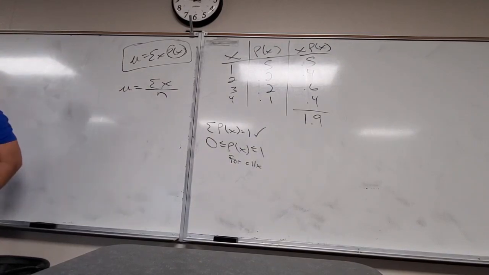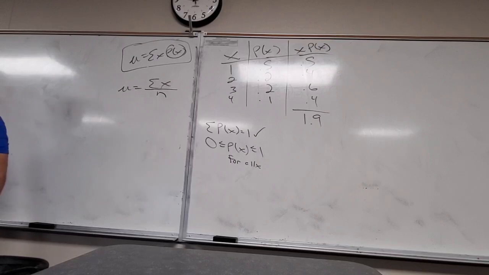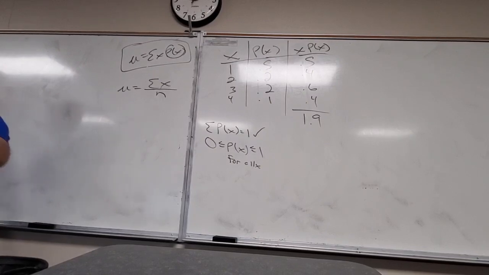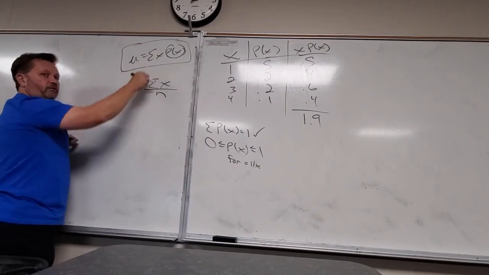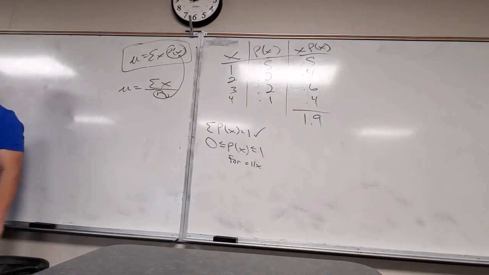If there are 40 people in here and 3 are left-handed, what's the probability I pick a left-handed person? 3 out of 40. Every probability has n on the bottom. So these two are the same formula. It's just that I suck the n in to the p(x). They're the same formula.